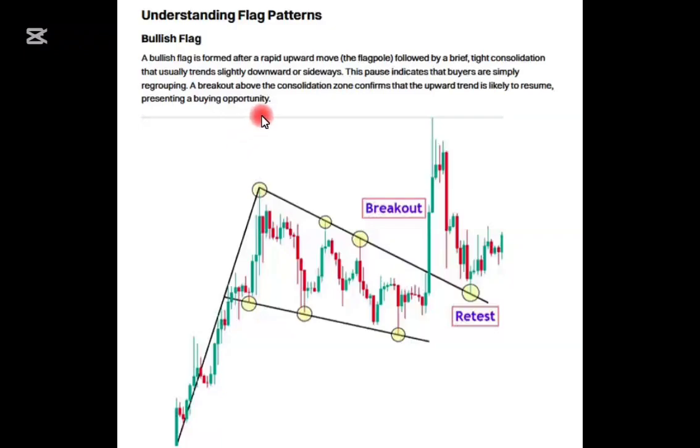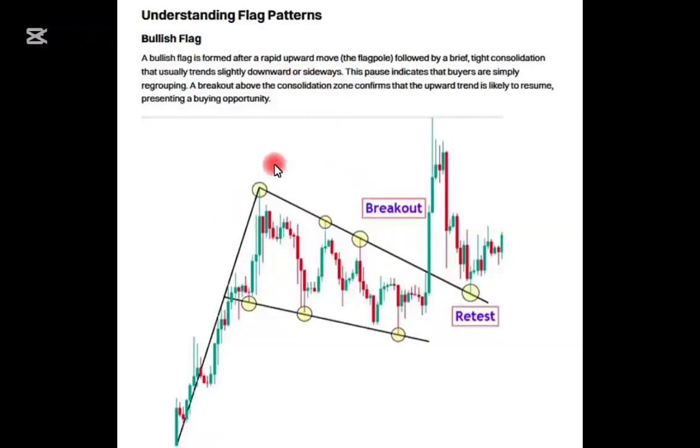Understanding flag patterns. So this is the bullish flag pattern. Okay, a bullish flag is formed after a rapid upward movement, that's the flagpole, followed by a brief tight consolidation that usually trends slightly downward or sideways. So this is the consolidating area.